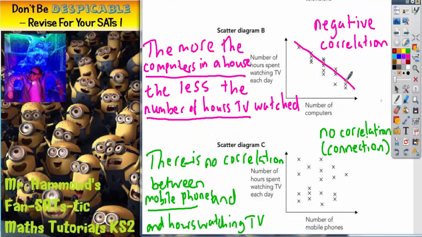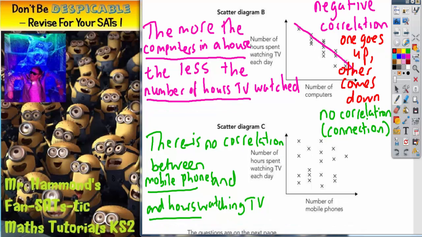If it is negative correlation, that means one goes up, but the other comes down. So as the number of computers goes up, the number of hours spent watching TV each day is coming down, which is why the crosses are coming down.